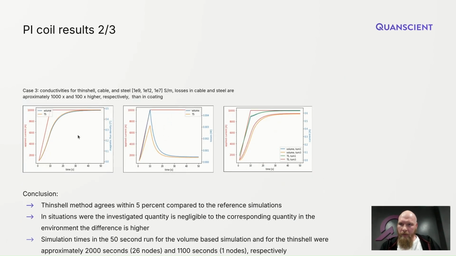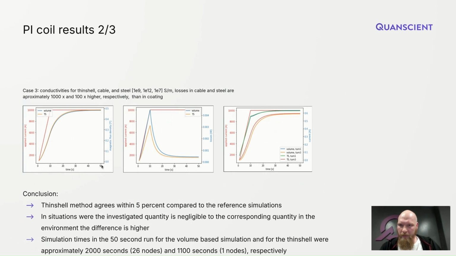Case 3, we increased the conductivity of the Thinshell. So now there's a better path to bypass the cable in this case. And compared to the last one, you can see that already the ramp up time is higher here. Before it was 30 seconds.